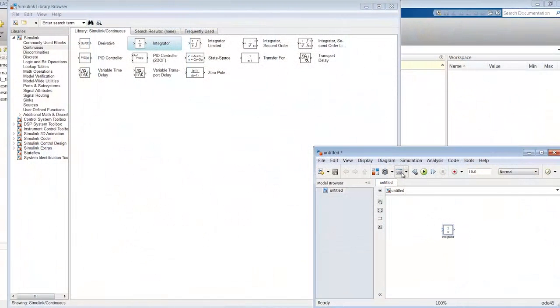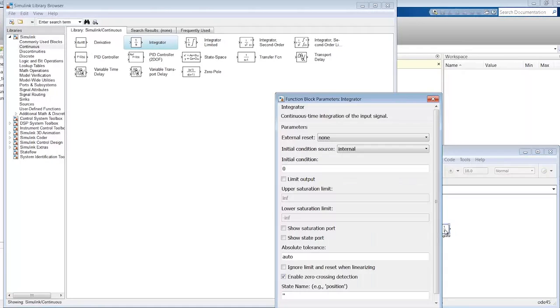Such a reset can be done using an external trigger. In our case, we define that the reset is to be performed at the rising edge of an external trigger signal.